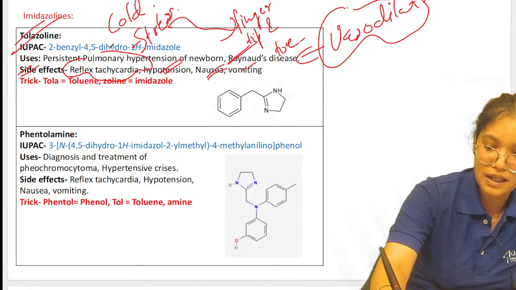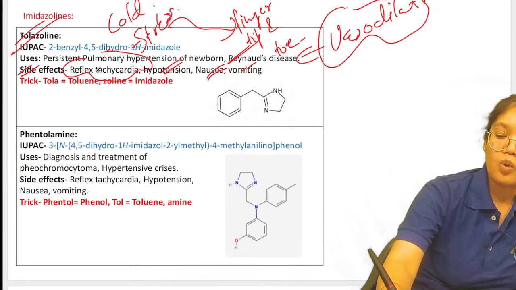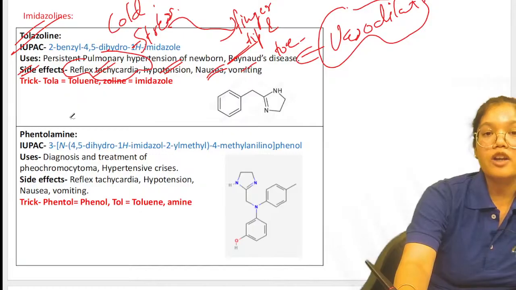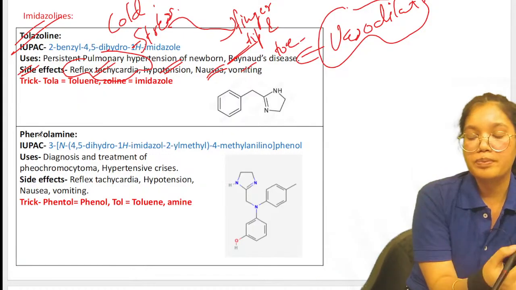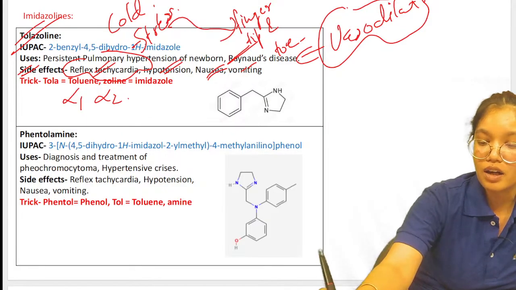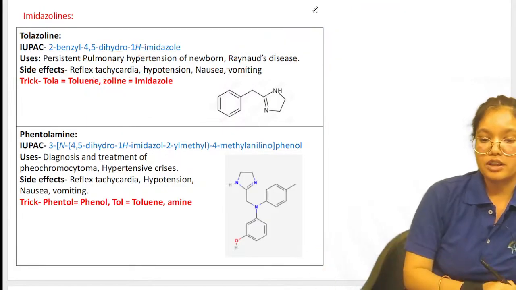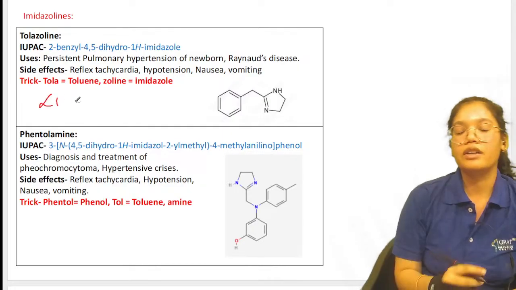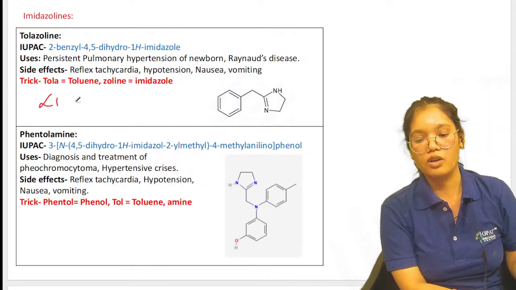Now reflex tachycardia. What is this? Now this tolazolin and all other non-selective alpha blockers, they act on both the alpha 1 and the alpha 2 receptors. Okay. Now they act on the alpha 1 receptor, there they cause vasoconstriction and all. Okay.